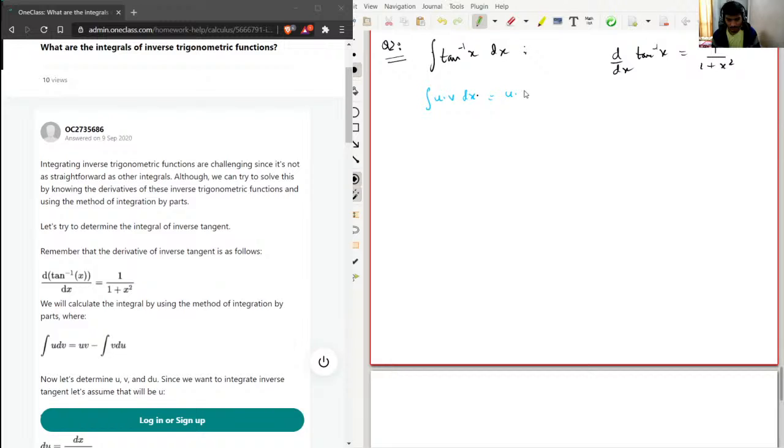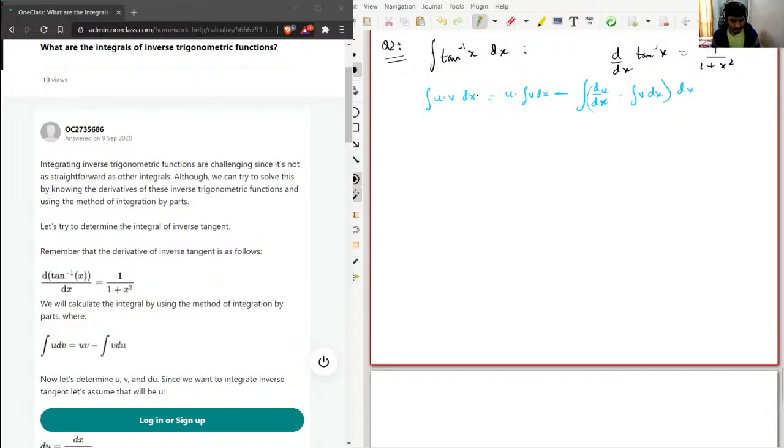So let's say u, then we write the integral of v dx, minus the integral of the derivative of u times this integral term, which will be the integral of v dx, and this will be dx. Here I have assumed that u and v are functions of x only.